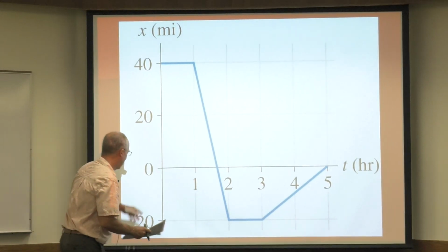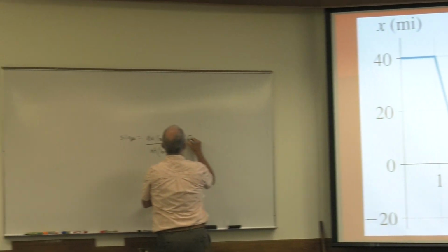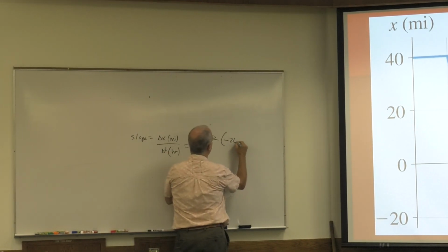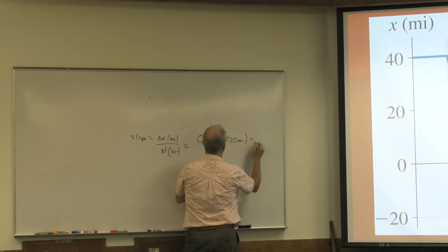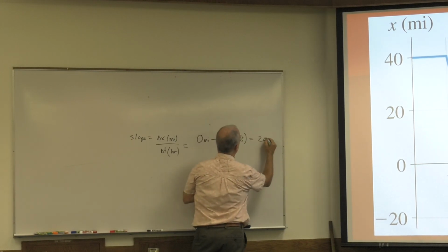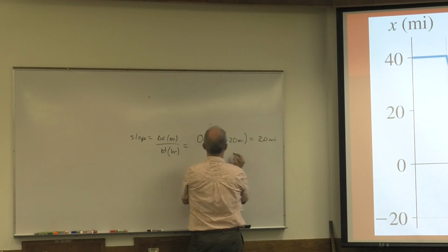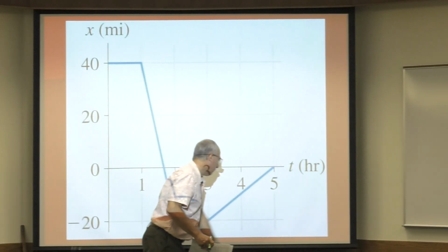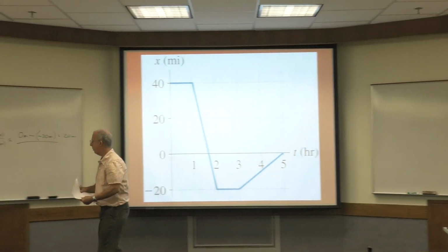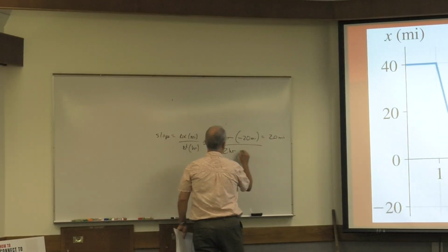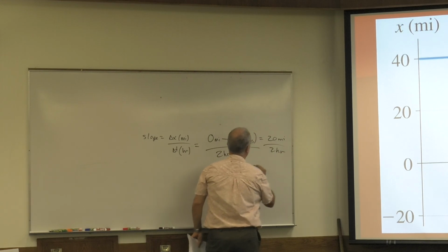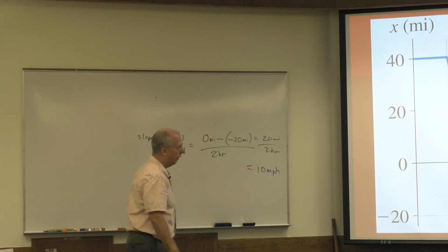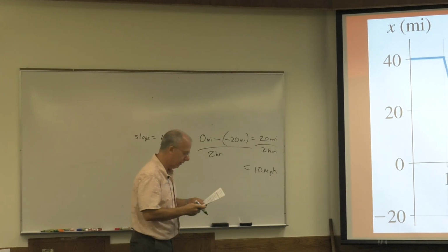So it's 0 miles minus a minus 20 miles, which is plus 20 miles. And the time is the easy one: 5 minus 3 is 2 hours. So it's positive 10 miles per hour. So there you go. That's how you use those graphs.